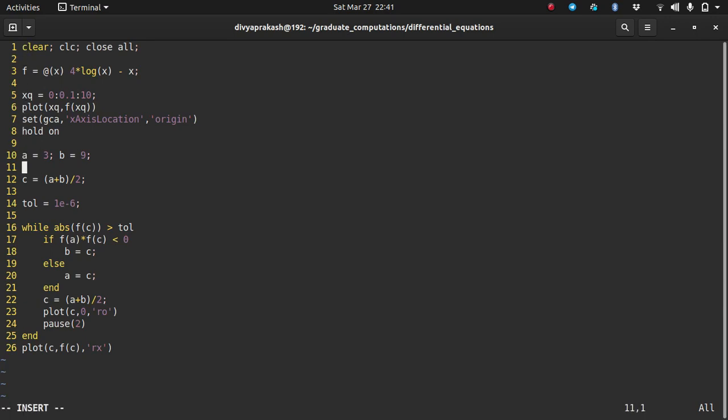So let me choose the same interval, 1 to 6. Let me get rid of these extra lines. I'm not interested in the plot for now, and let me introduce the counter variable here also to count the number of times the loop is run.